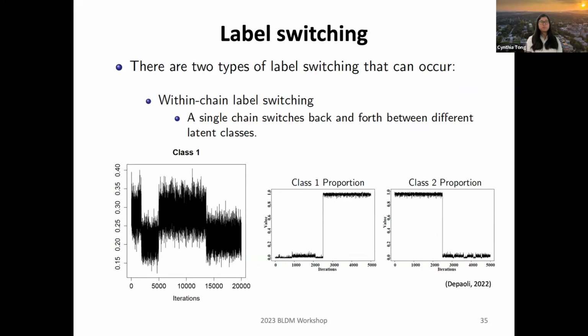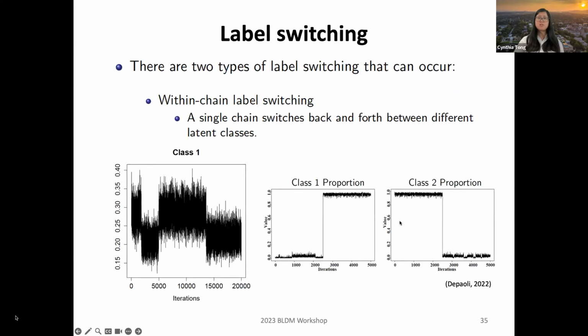Regarding the label switching problem, there are 2 types that can occur. The first type is within-chain label switching. Basically, a single chain switches back and forth between different latent classes. A sign of that is, if you plot the history plots for the Markov chains, you'll see that the values of the model parameters jump back and forth.